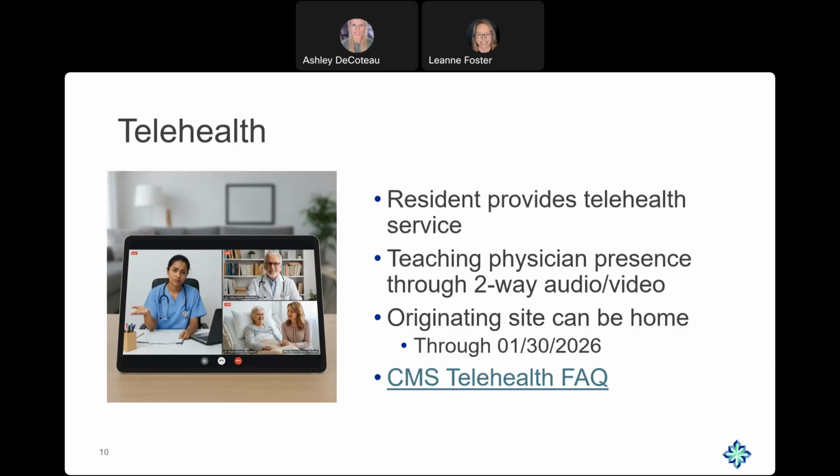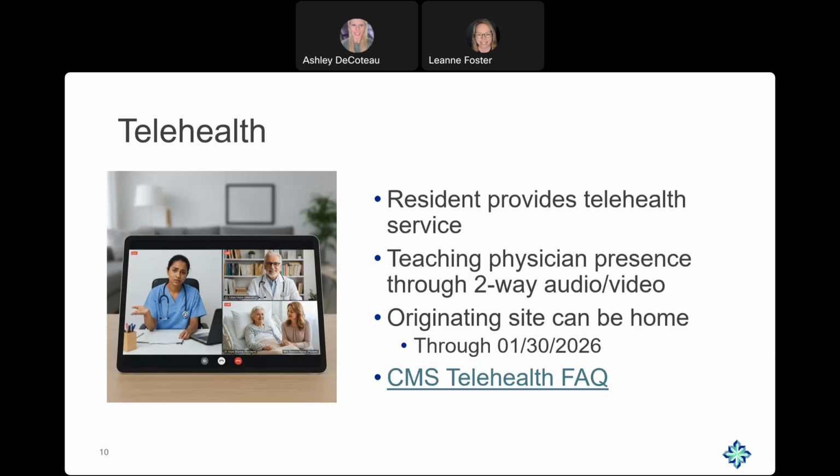We did have a pre-submitted question asking about 2026 updates. So CMS has published the 2026 final rule, which does address this telehealth requirement. I encourage you to review that publication, which you can find on the cms.gov website if you do a search for 2026 final rule.